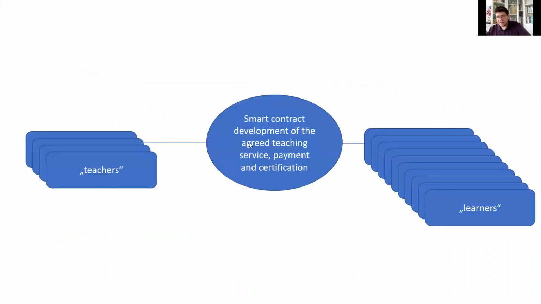Other examples are basically that you can make direct contracts between teachers and learners, for example, for the after-school market when pupils need help. Something like that would be a really good way to have a smart contract where you assign, so for example, it's 10 euros per hour and the contract is for 25 hours and we're meeting every Tuesday at 10 a.m., for example, that you put into a smart contract.